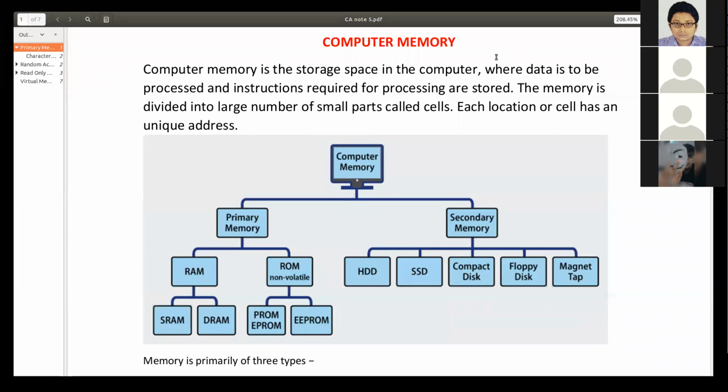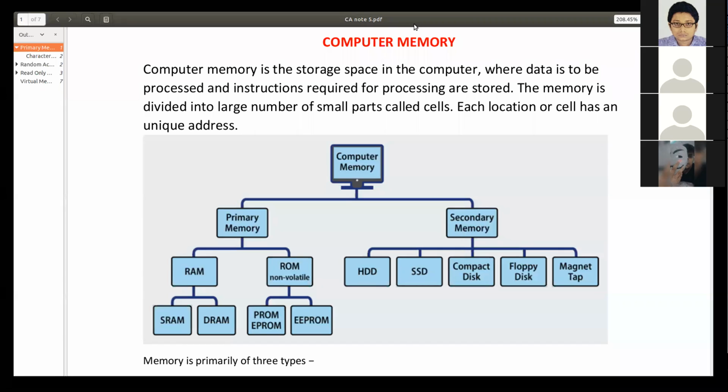One is primary memory, another is secondary memory. Now again, the primary memory part can be classified into two types. One is RAM, another is ROM.